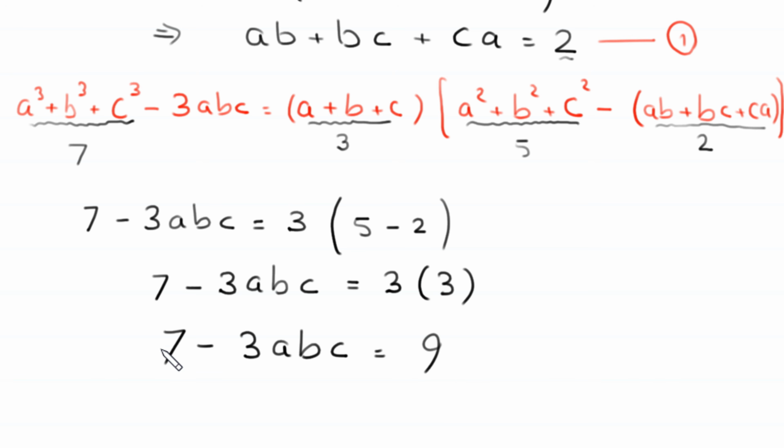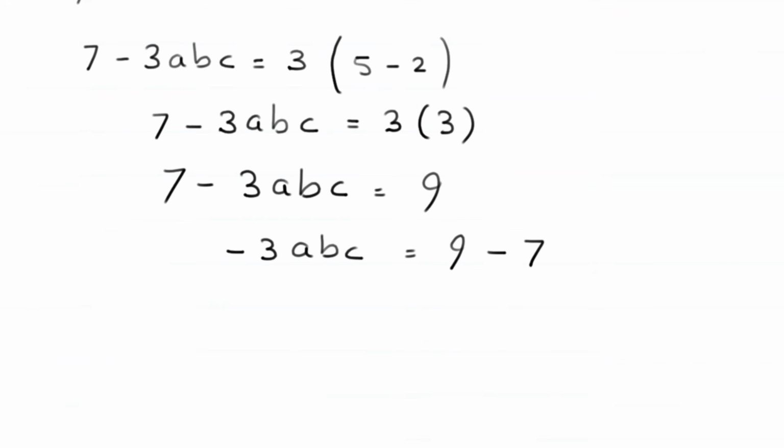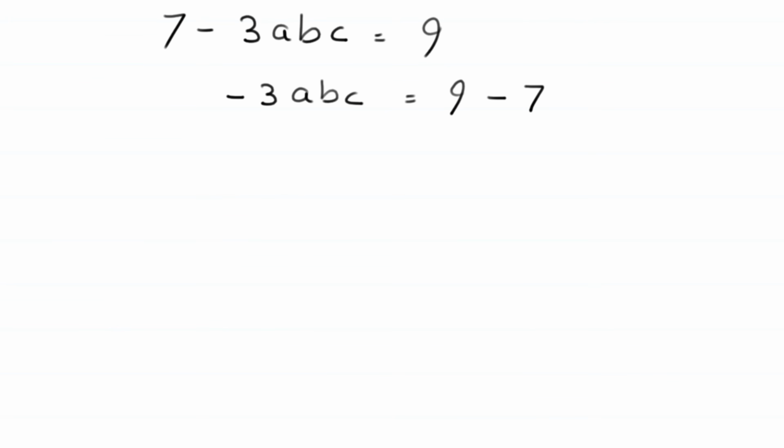Move this 7 to the right hand side, this will become negative 3 times abc equal to 9 minus 7, which is 2.